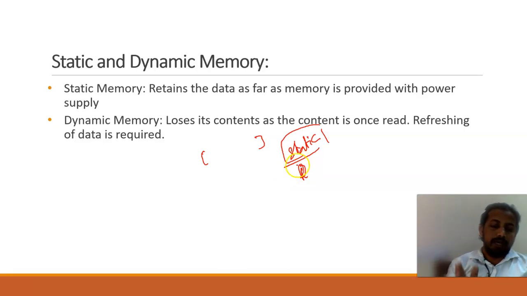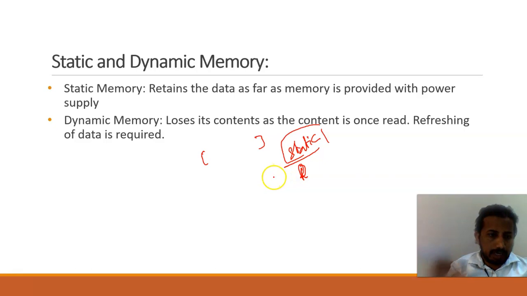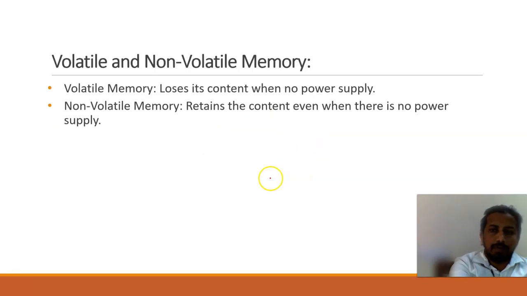But in static RAM, the data would be kept until and unless the power supply is there. So once the data is filled up in the RAM, either you need to restart that system, or some process should be there so that the data is removed from the RAM. That is the difference between static and dynamic RAM.